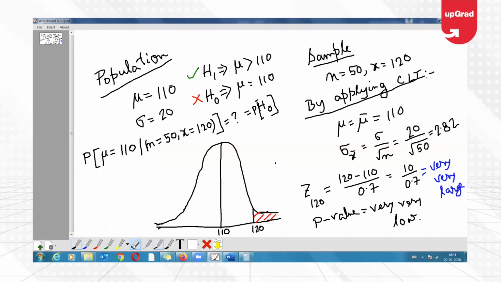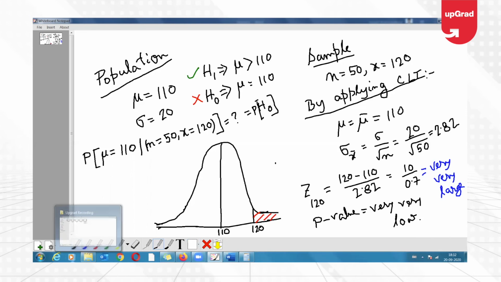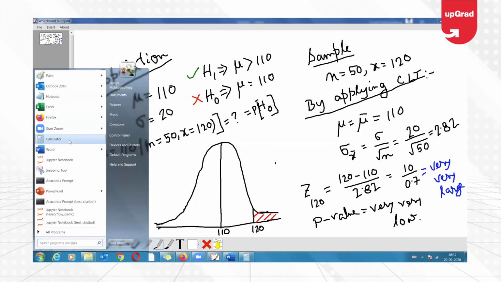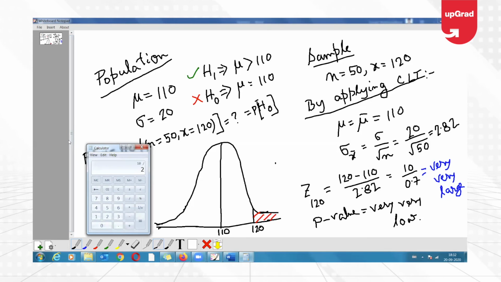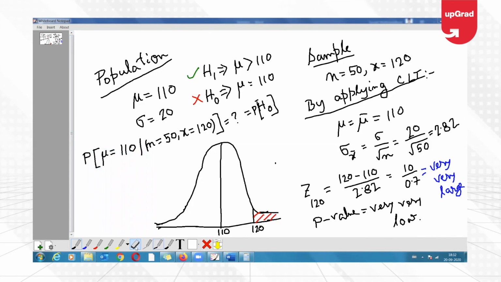So if this becomes 2.82, the z-score is still very high. 10 divided by 2.82 is 3.54, still very high. It doesn't make much of a difference.